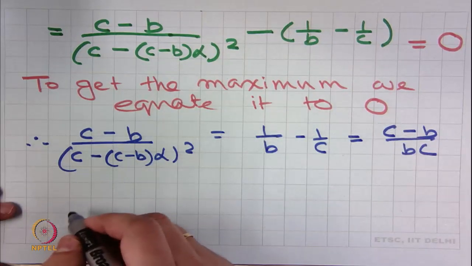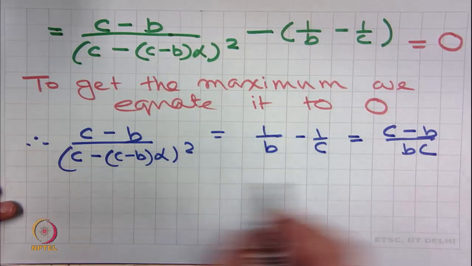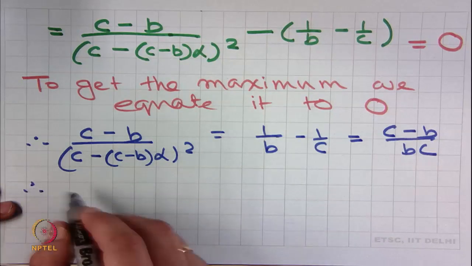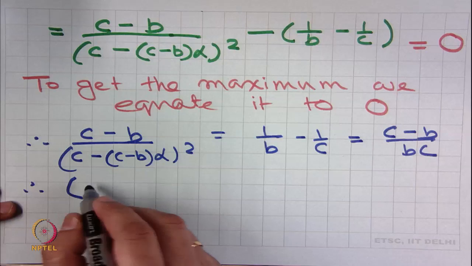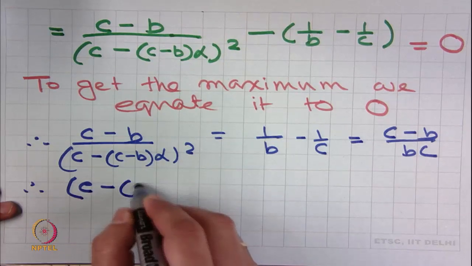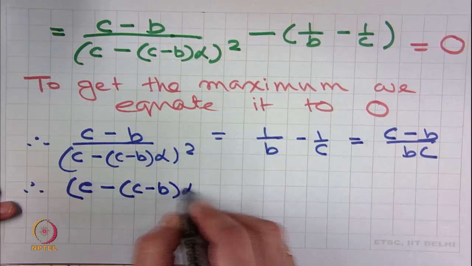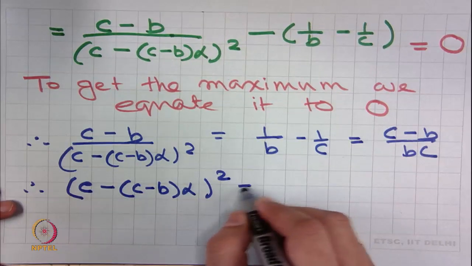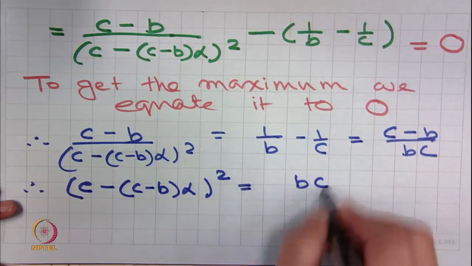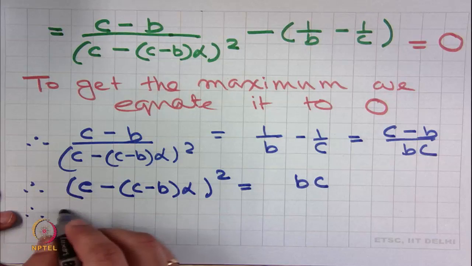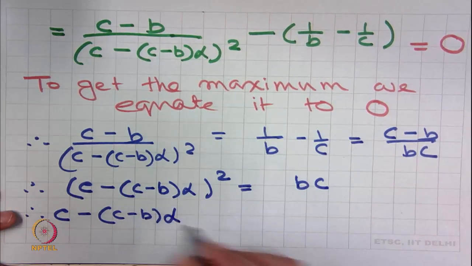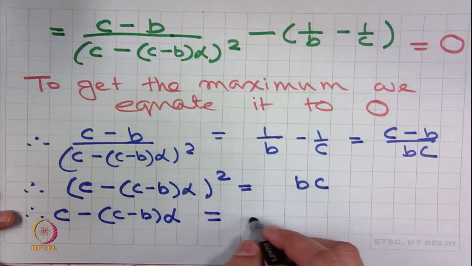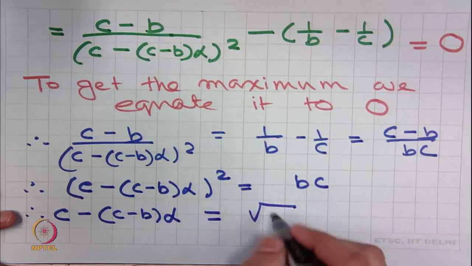So, we can cancel out the numerator, and therefore, what we are getting is (c − bα)² is equal to bc. Therefore, c − bα is equal to root over bc.